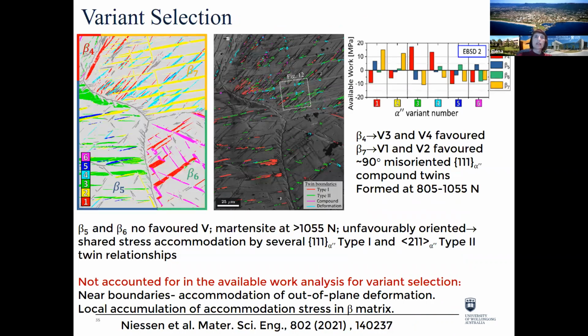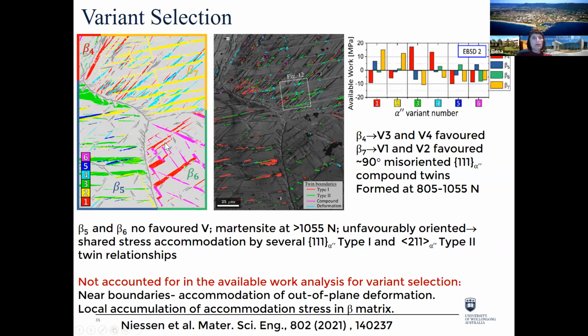And what's interesting, if we do analysis of available work done for variant selection, here are 4 grains: grain B4, B7, B5, and B6. For grain B4, we could see that variant 3 and variant 4 are favored. And this was predicted to start with by the calculations.